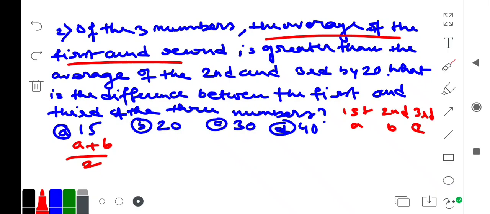So we have to find the difference between A and C.